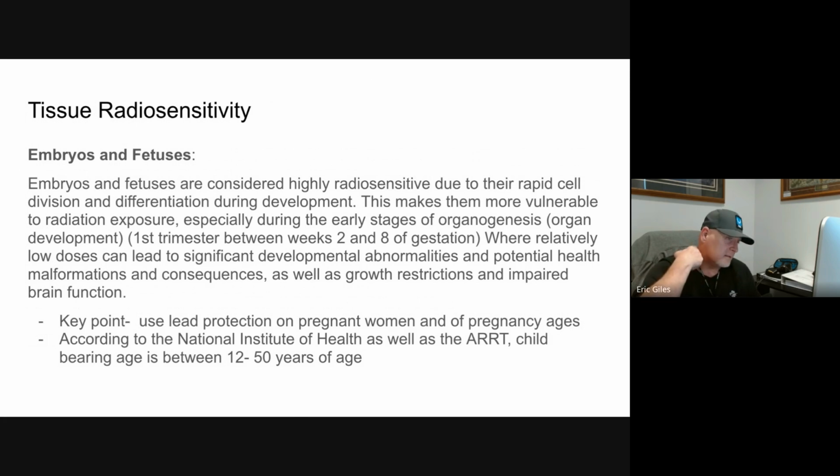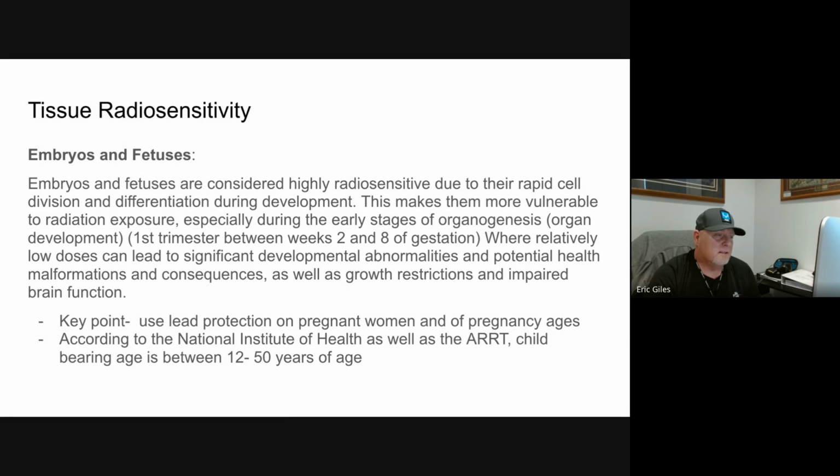So embryos and fetuses are considered highly radiosensitive due to their rapid cell division and differentiation during development. This makes them more vulnerable to radiation exposure, especially during the early stages of organ development. The first trimester, between weeks 2 and 8, is the most sensitive. Okay, that's when the most cell division is happening.